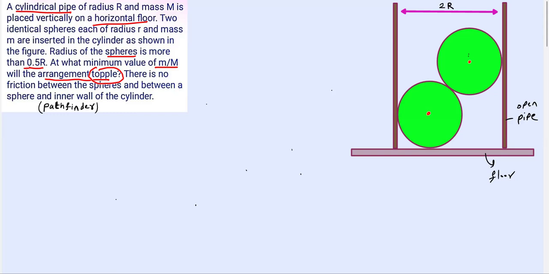So we'll first start with the free body diagram. The forces acting will be the weight first.